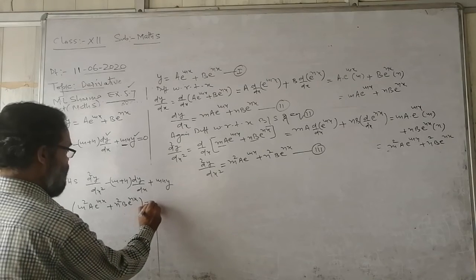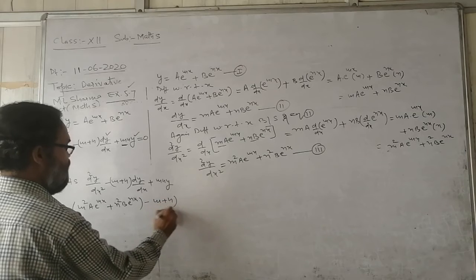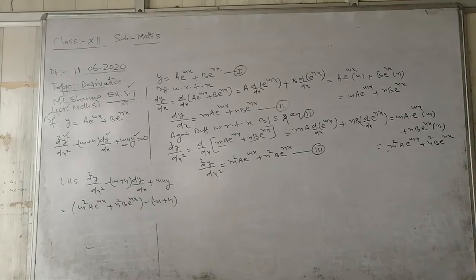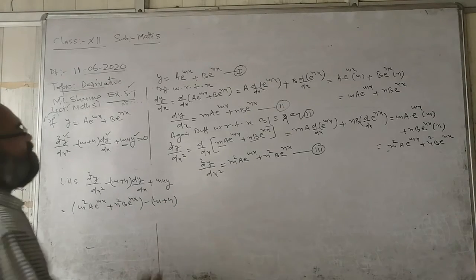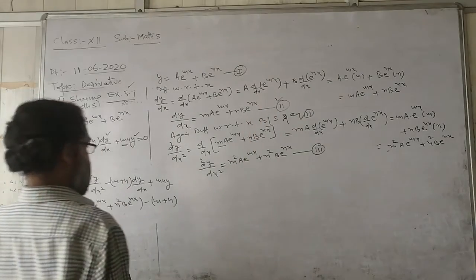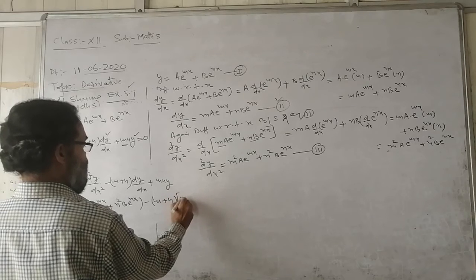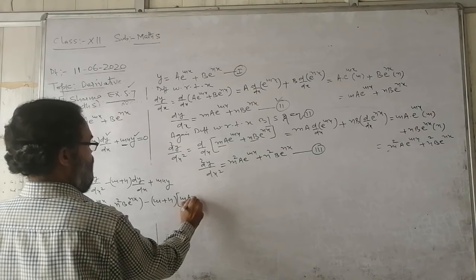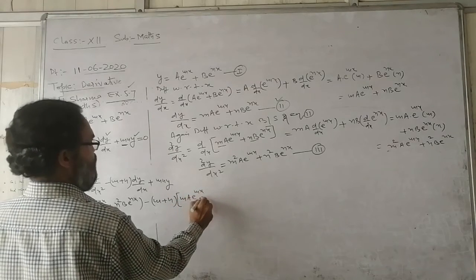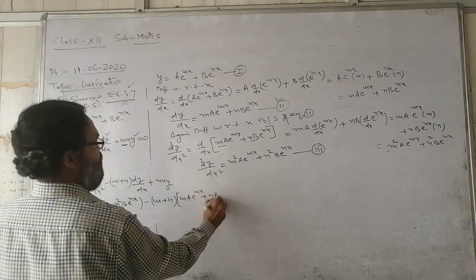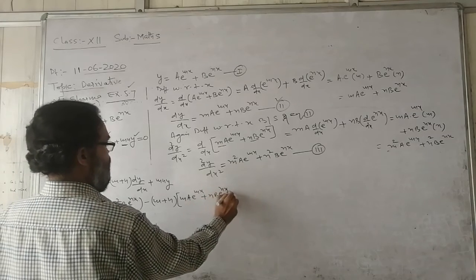Then minus (m plus n) times the value of dy/dx, which is also known to me, that is m a e^(mx) plus n b e^(nx).